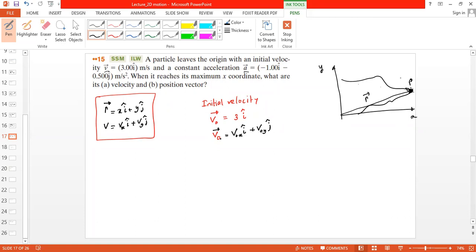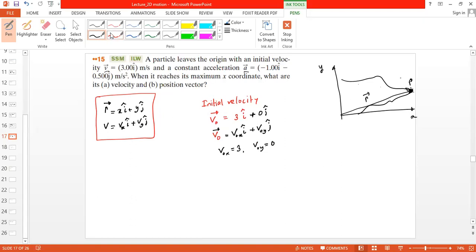কিন্তু এখান থেকে যদি তুমি খেয়াল করো যে information টা তারা দিয়েছে, এখানে there is no y component, right? That means if I compare these two, we can say v naught x equal to 3 and v naught y equal to 0.